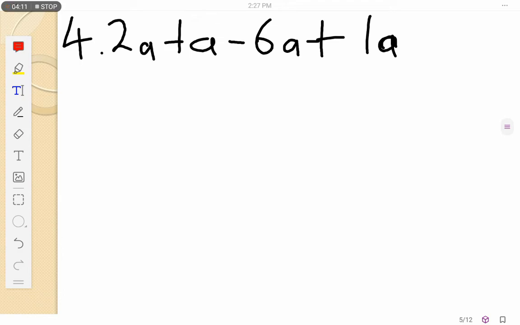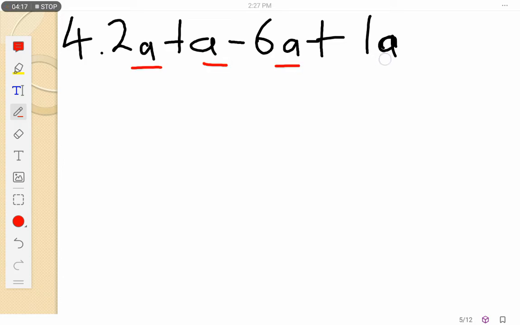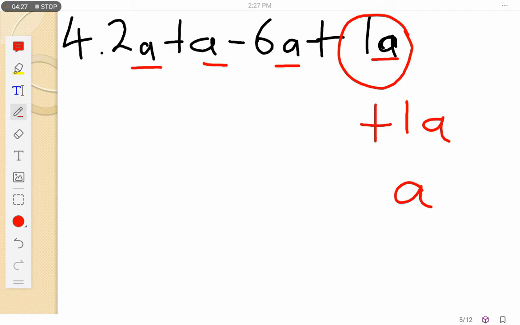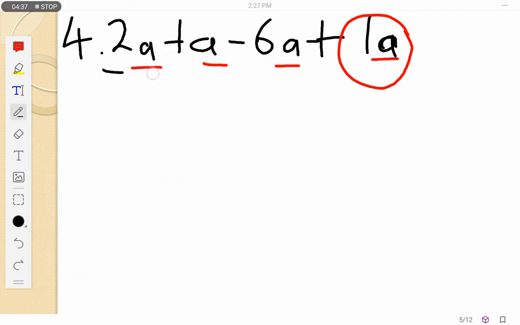Question number 4. This one is the same. We have got same terms there. We've got a. Here I deliberately wrote plus 1a. When you have plus 1a, it is the same as a. Let's add the first two.